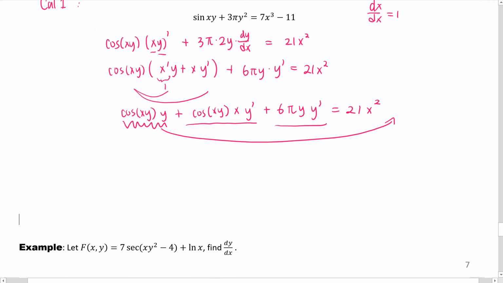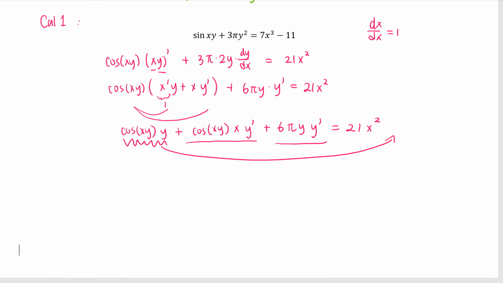What do we have now? Because the terms on the left all have y prime as a common factor, we can factor that out. And then on the right hand side, we have 21x squared minus cosine xy times y.